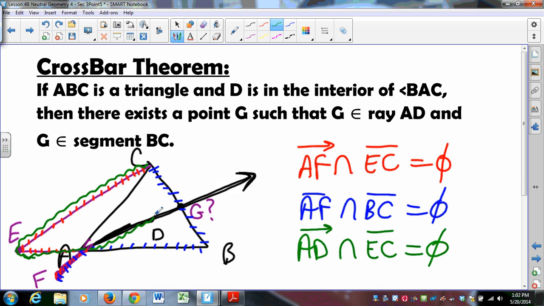E and D are on opposite sides of AC. And you should think about why that is true. I'll let you think about that. And if not, you can just read it in a text.